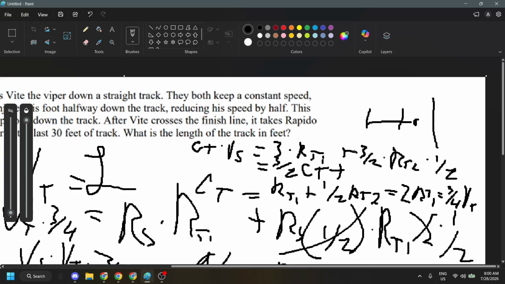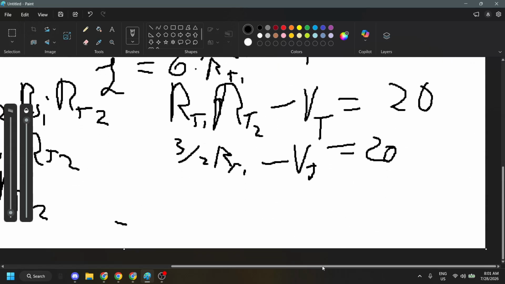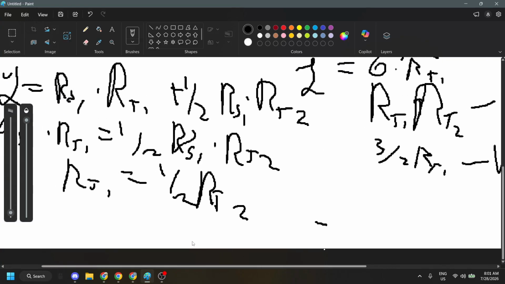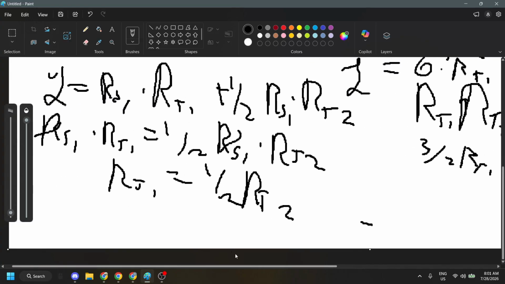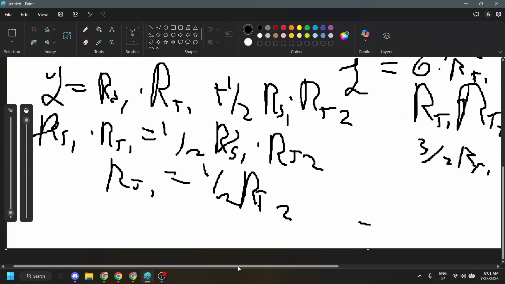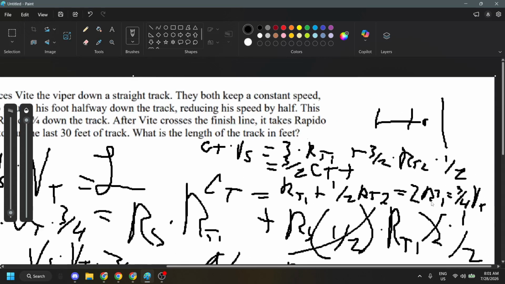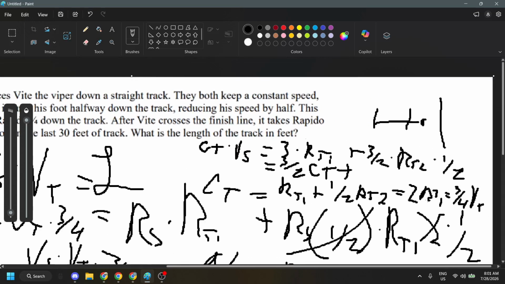And then we also know that 2 RT1 is equal to RT2. So we just have crossing time is equal to RT2 plus 3/2, or I guess 3/4 RT2, or 3/4 crossing time.